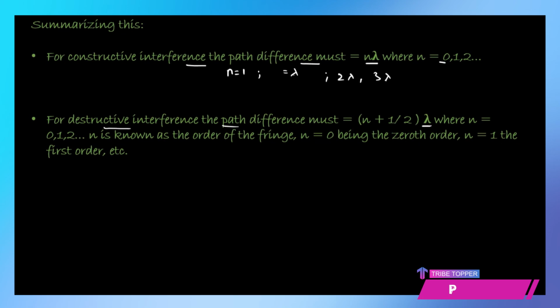So when you have an integral multiple of lambda, you get constructive interference, and when you have an odd integral multiple of lambda by 2, that is when you get destructive interference, or the dark fringes. Substituting n equal to 0, 1, 2, and so on, you keep getting the dark fringes. Those are the conditions for destructive interference.